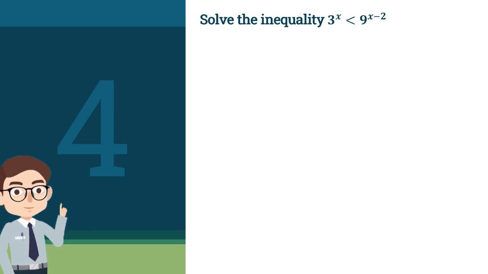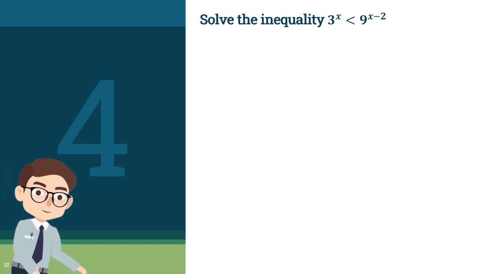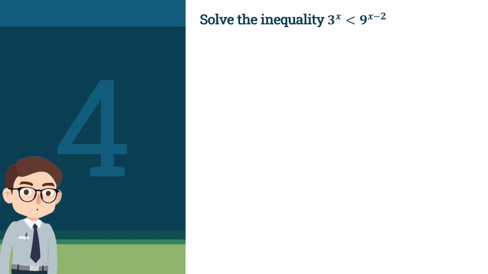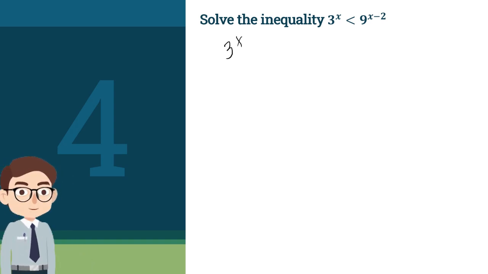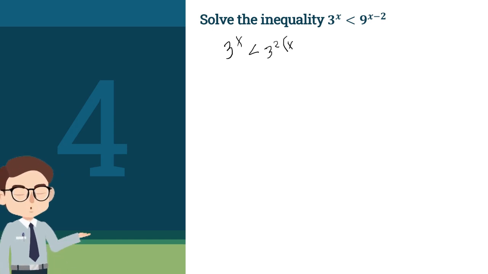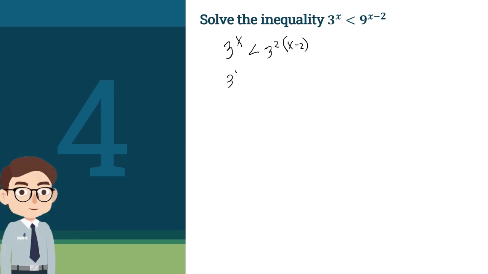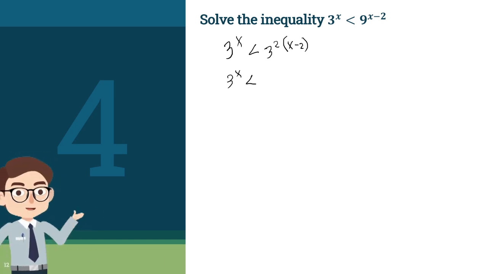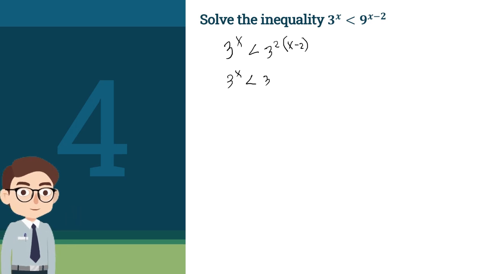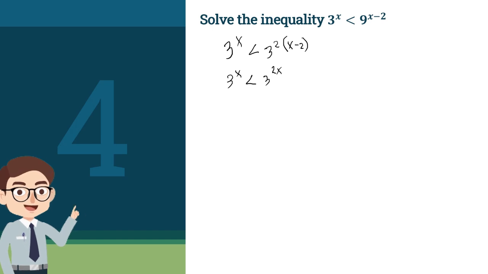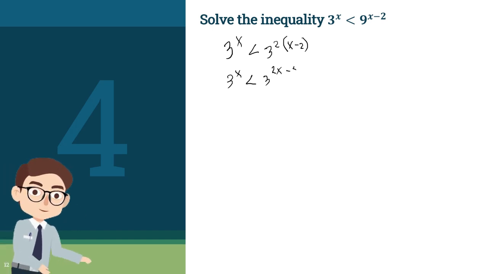Let's solve the inequality 3 raised to x is less than 9 raised to x minus 2. As you observe, both 9 and 3 can be written using 3 as the base. That is, 3 raised to x is less than 3 squared raised to x minus 2. Let's simplify it. That is, 3 raised to x is less than 3 raised to 2 multiplied to x is 2x, and 2 multiplied to negative 2 is negative 4.